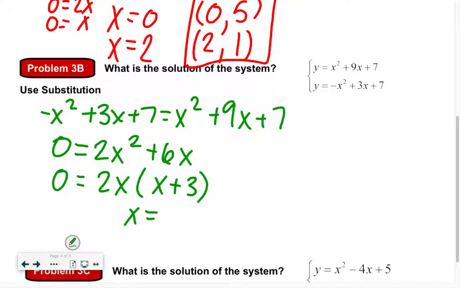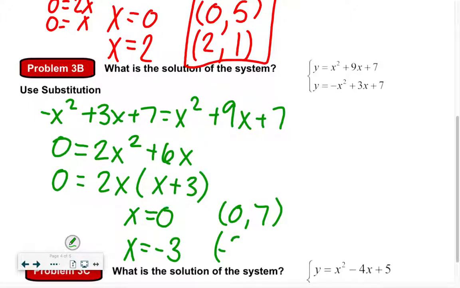If 0 equals 2x, what's my x here? 0. And what's my x in the parentheses? Negative 3. Last step, plug it in. 0 is super easy. I get out what? 7.